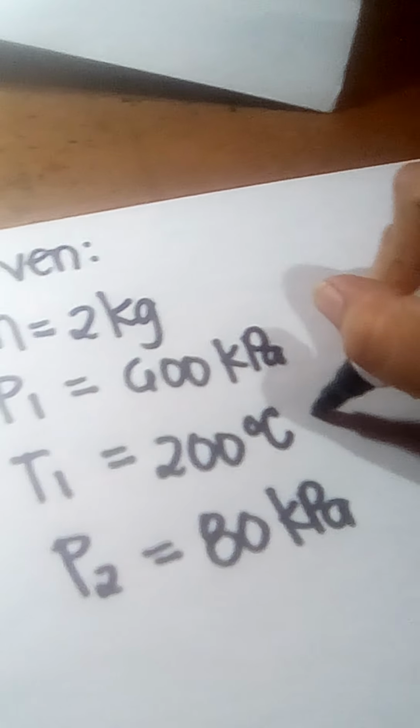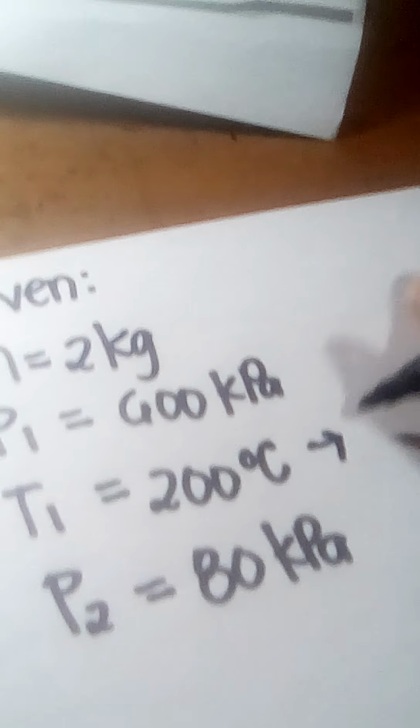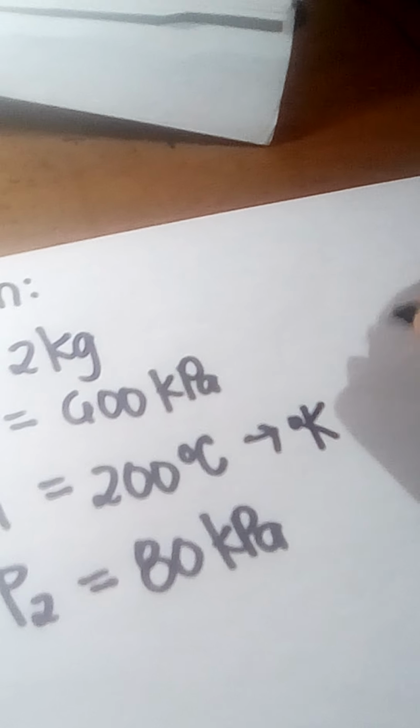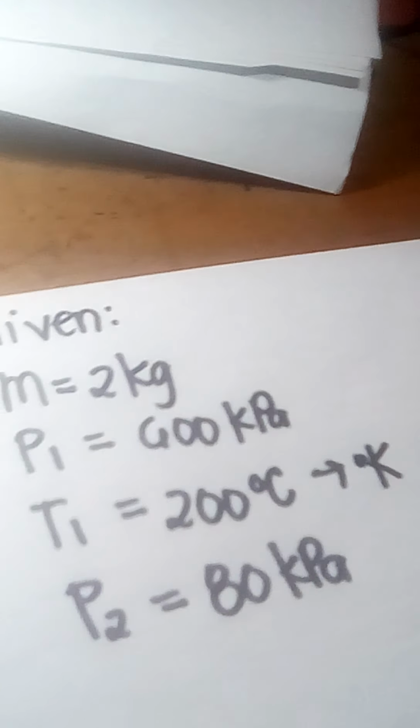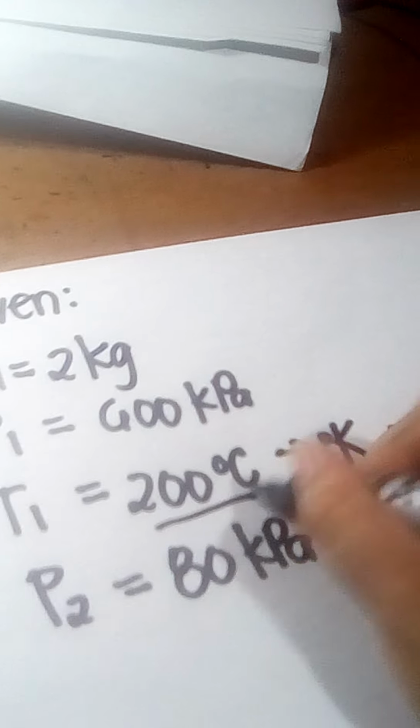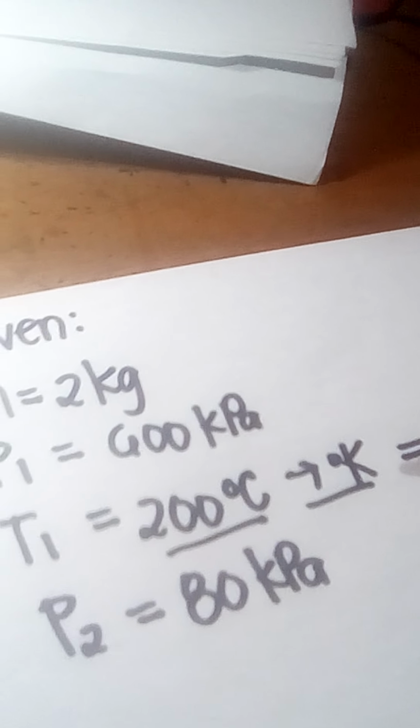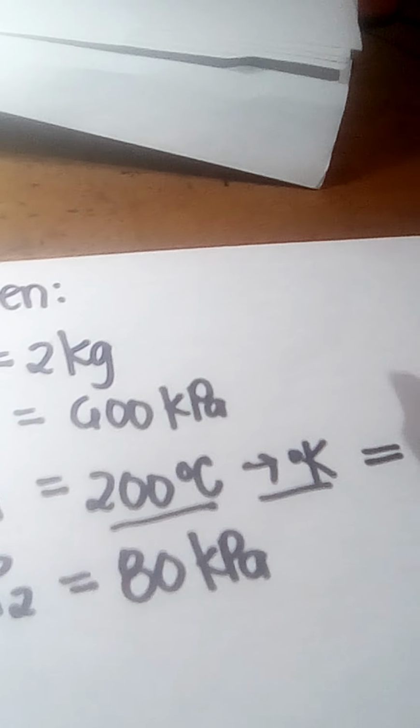So, of course, we need to convert degrees Celsius into degrees Kelvin. And we all know that in converting degrees Celsius to degrees Kelvin, we're going to add 273.15.